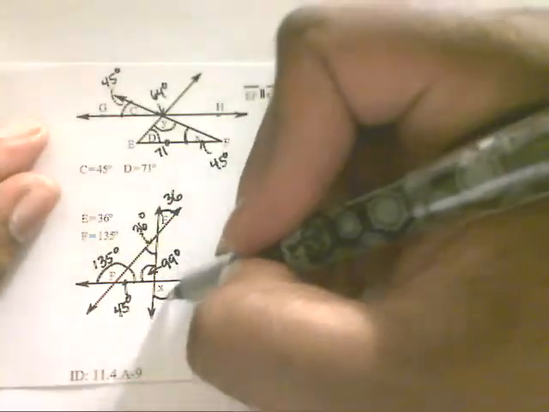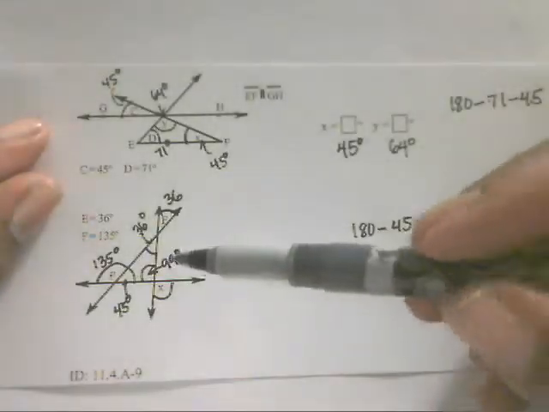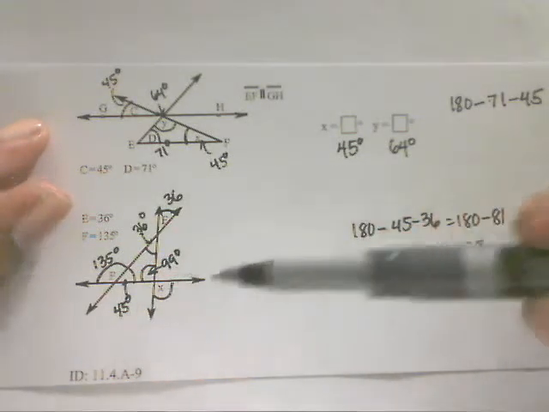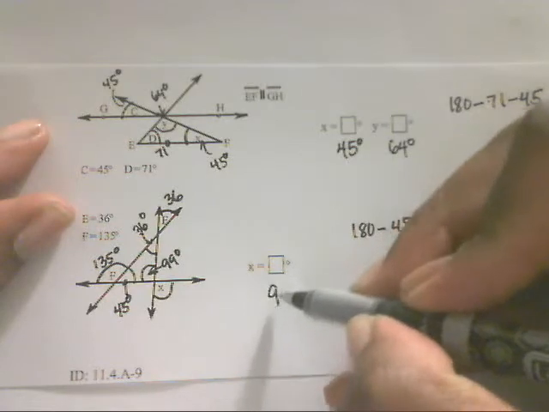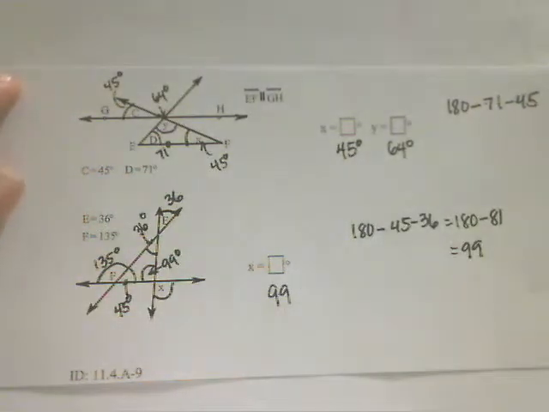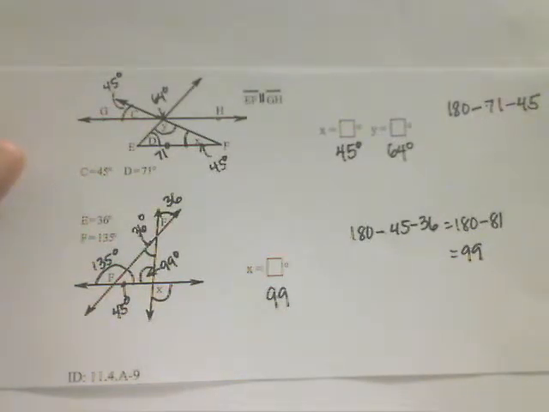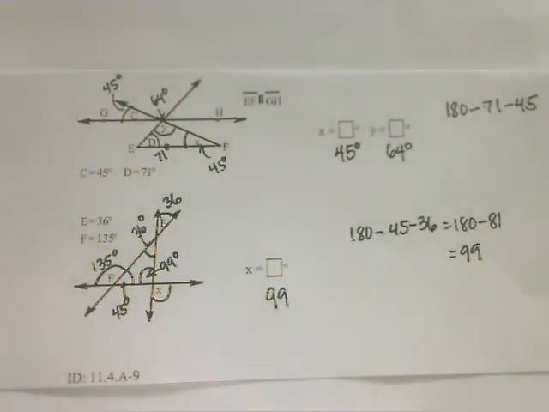Now compare that with angle X. Those are vertical angles. They're equal to each other. So if this is 99, then angle X must be 99 degrees. Okay, so usually you're going to have to use a lot of intuitive thinking and some of those properties that were talked about in one of the lecture videos to solve these types of problems.